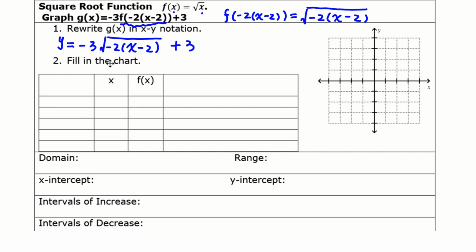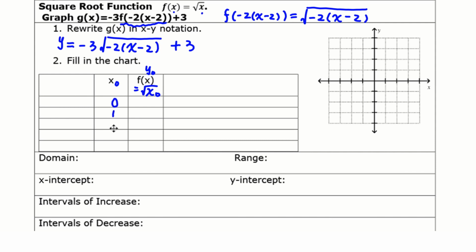So now we are going to fill in the chart. This one is going to be the original function x coordinate and the original y coordinate for the parent function. So it just equals square root x, the original input. For square root, we know it won't have any negative number for x. Square root of a negative doesn't exist. So we start from 0, then 1.